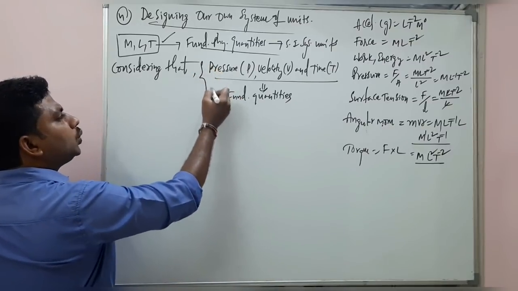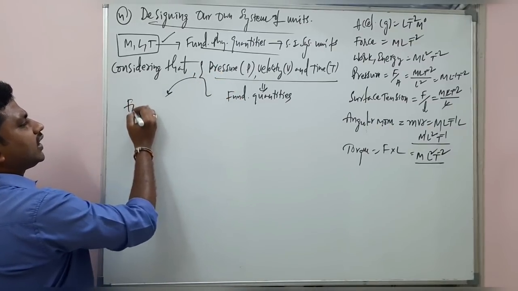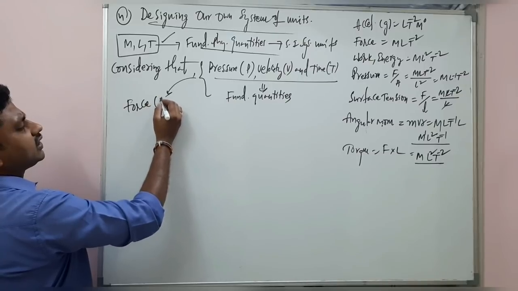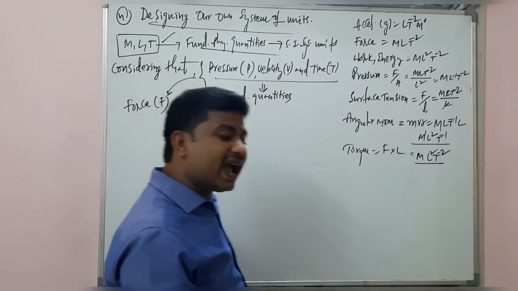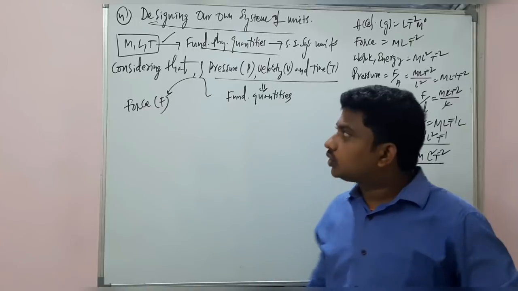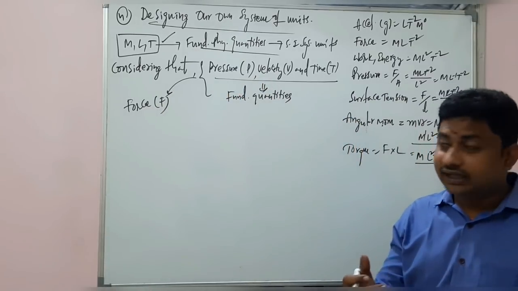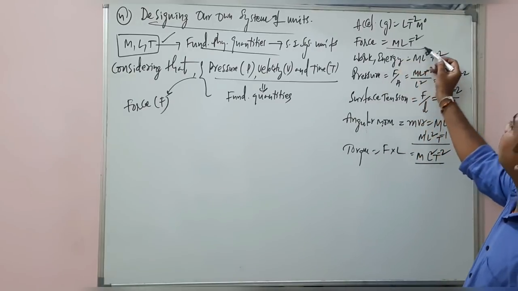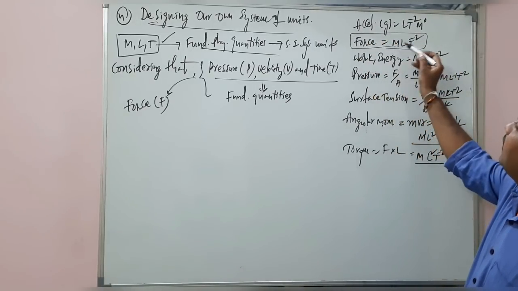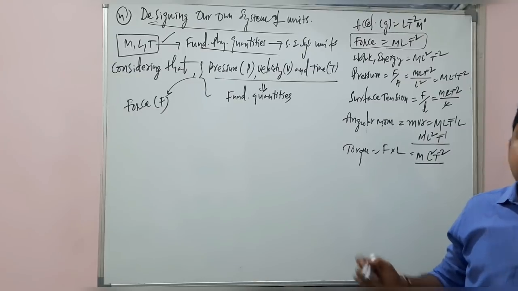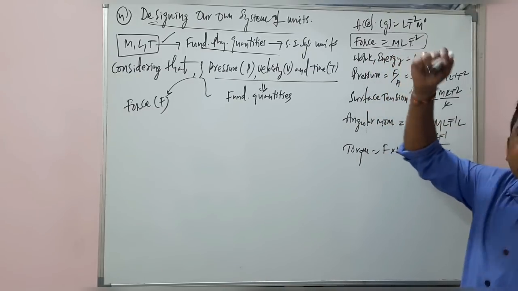So how can the force, a physical quantity represented with the term F, be expressed in my fundamental physical quantities? Generally, the force is represented in the dimensional formula MLT^-2 when mass, length, time are fundamental quantities.